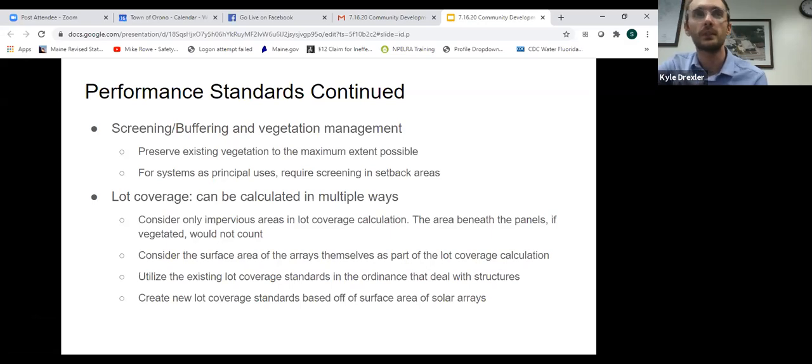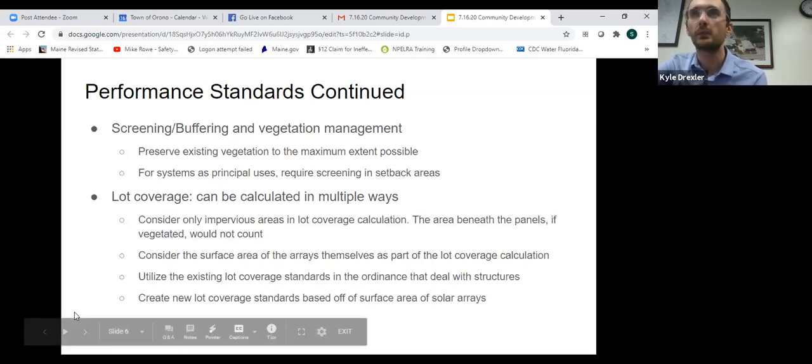If you wanted those screened from view so people on the road couldn't look in to see it, or if it was in or bordering on a residential neighborhood, you can use screening and buffering standards to soften the visual impact on the surrounding area.